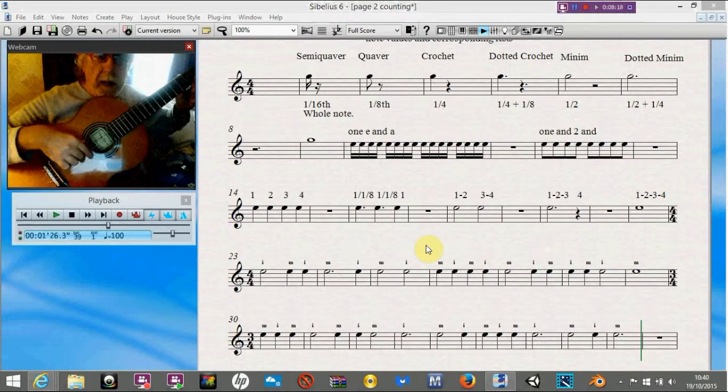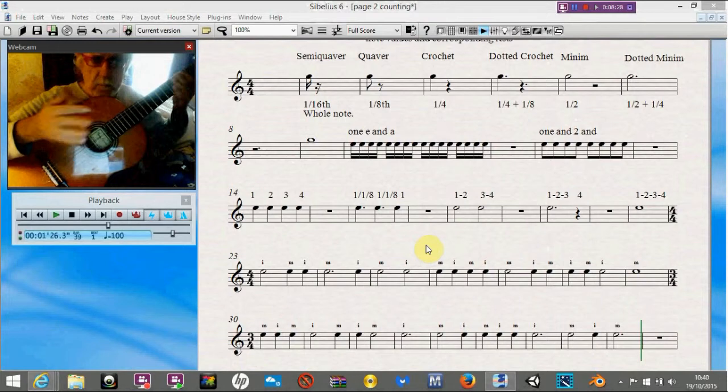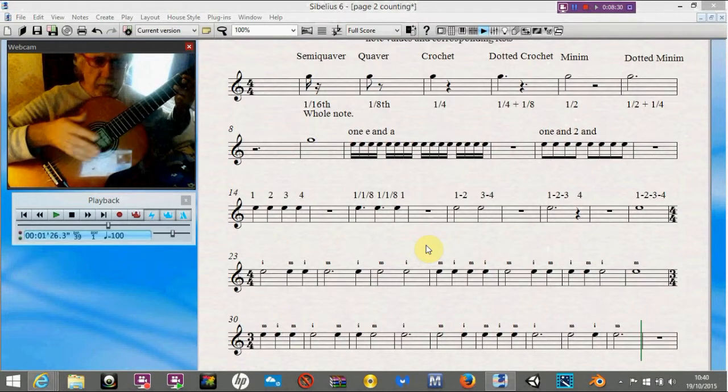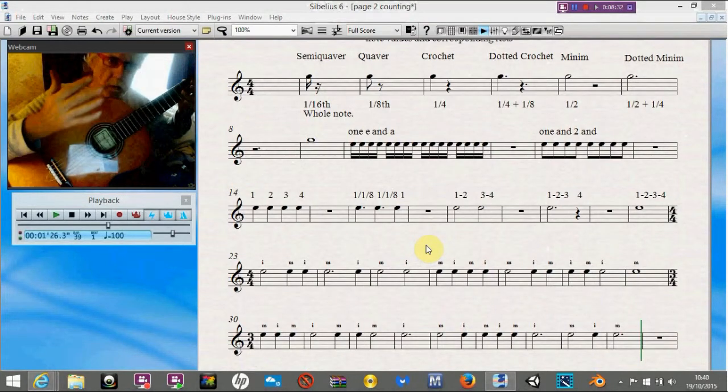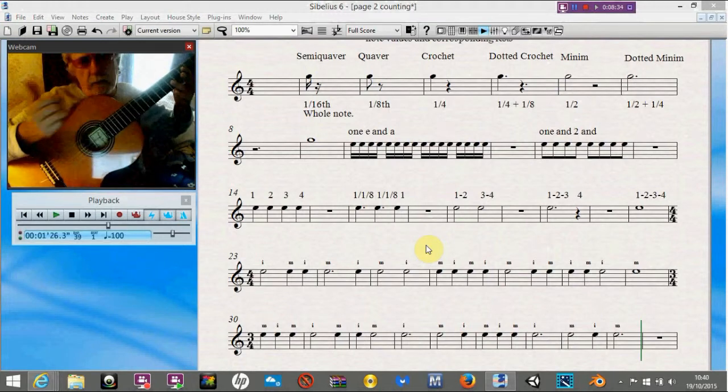Now you'll notice that on the 3/4 I've done different rhythmic value. You've got a 3/4, which is a waltz. 1, 2, 3.